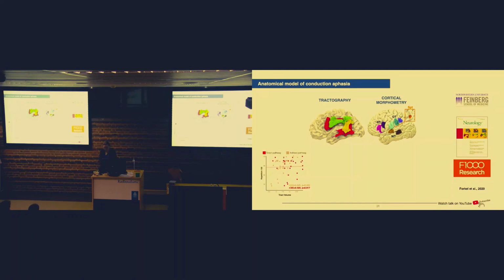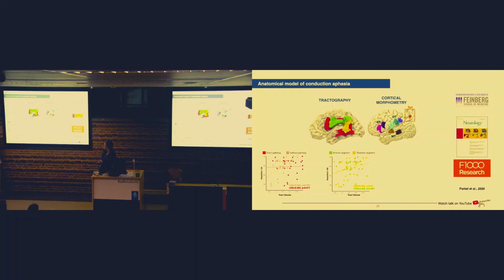Now, quite to our surprise, when we looked at the correlation between the arcuate fasciculus and repetition deficits, there was nothing. We're looking at a flat line here. Absolutely no correlation. When we looked at the indirect segment, so the green and the yellow together, we suddenly see a correlation appear.